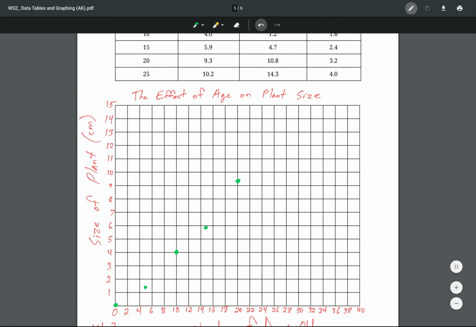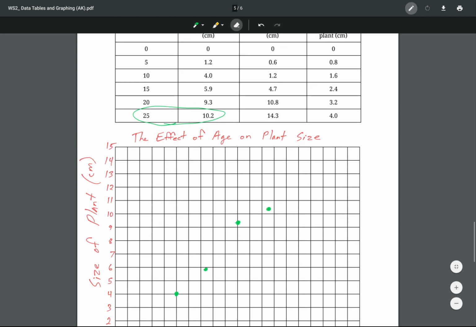Last data point is 25 and 10.2. Apologize for the bell. So that's my last data point for the pea plant.